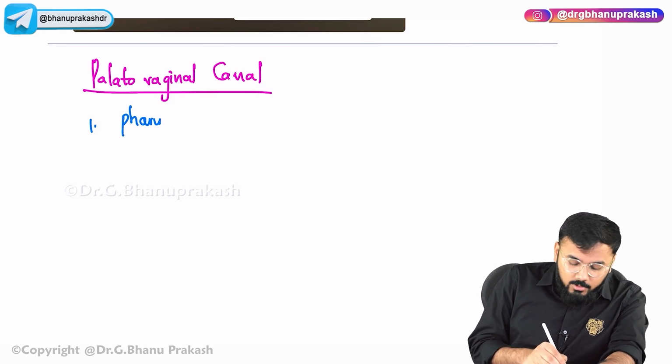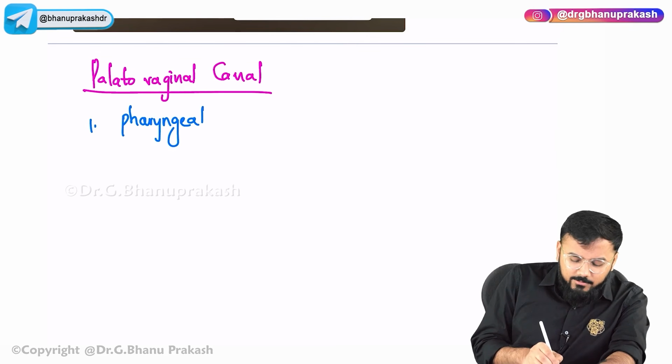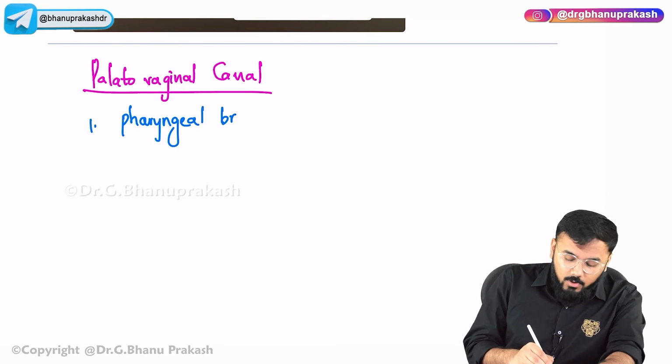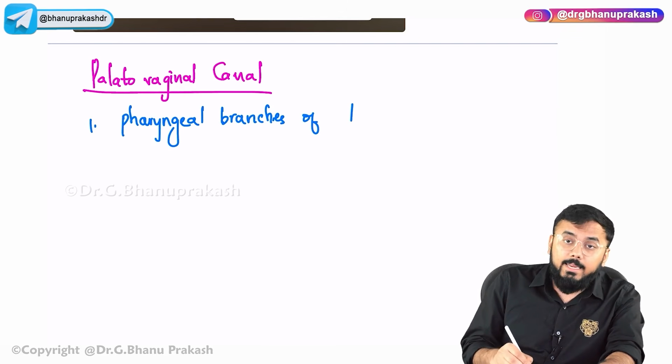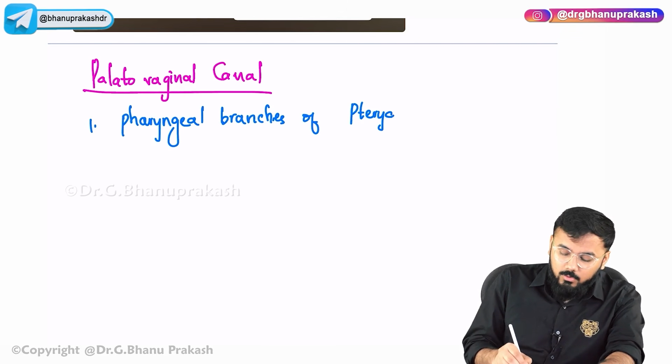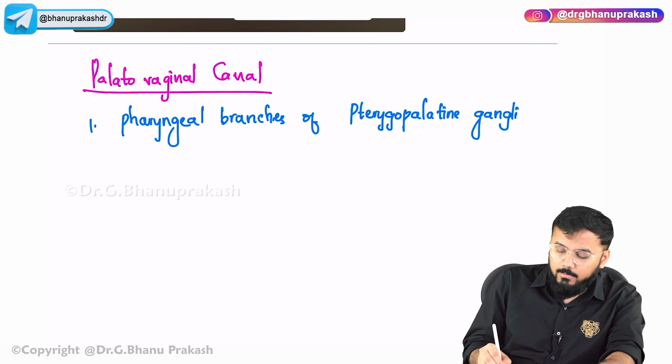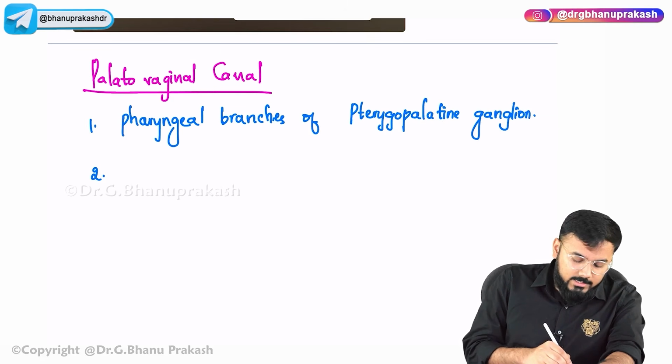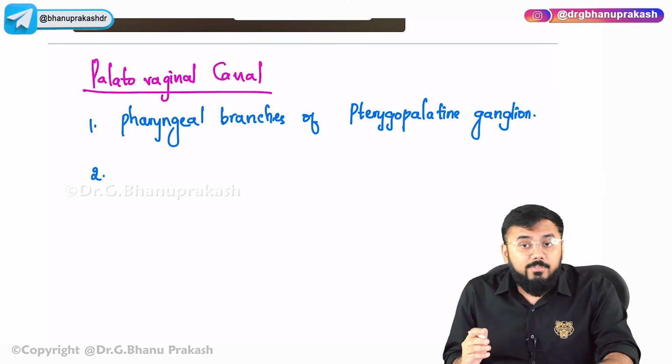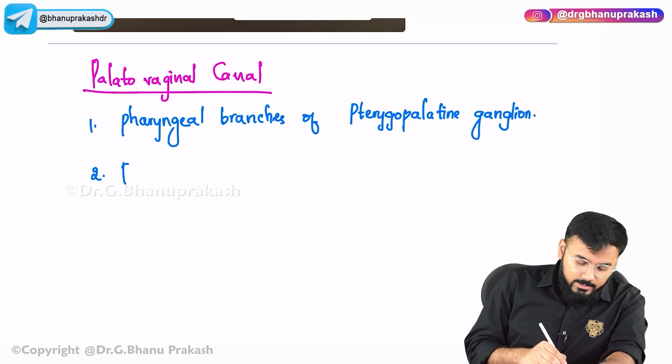You just have to remember these things. What is the second important thing? You have the pharyngeal branches of the third part of the maxillary artery.